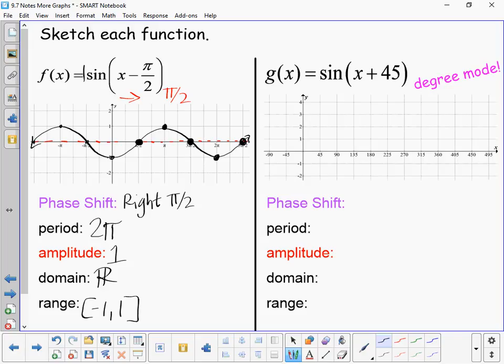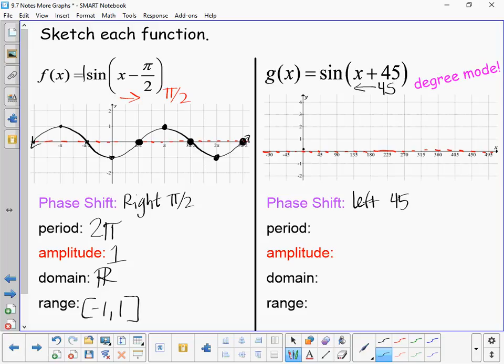Let's try another one. Now this axis is in degrees, so instead of radians this time we'll be dealing with degrees. So we first look for our phase shift, and it's going to be moving left by 45. So again, our midline is still at 0 since it doesn't have a vertical shift or anything.